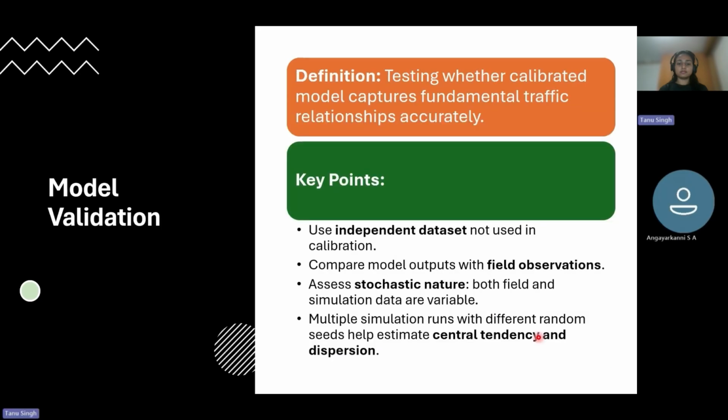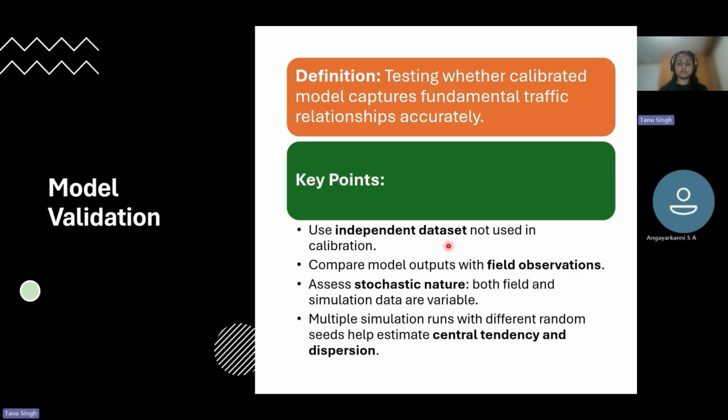The next step is model validation. Once we have the calibrated model, the next step is validation. Validation checks whether the calibrated model actually captures the fundamental traffic relationships accurately or not. So we use an independent data set that we have not used in the calibration step.